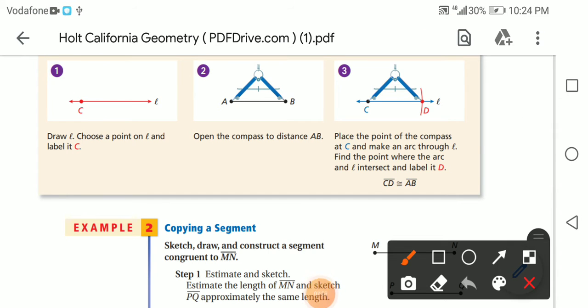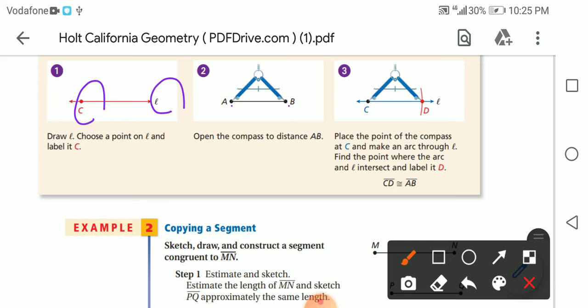Draw L. Choose a point on L and label it C. I have opened the compass to the distance AB. So I'm going to open my compass on AB.